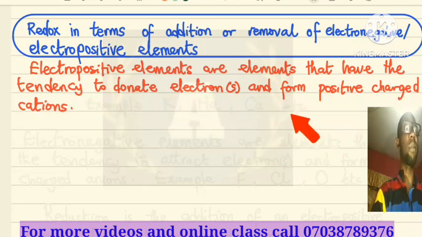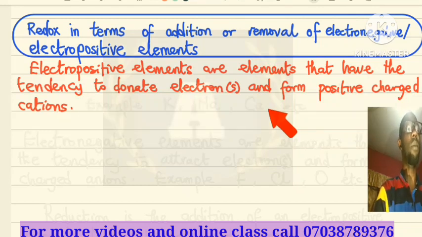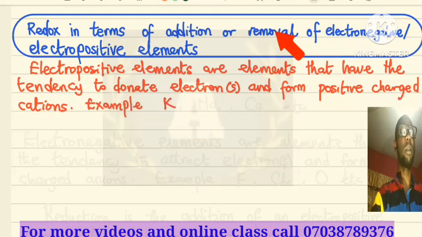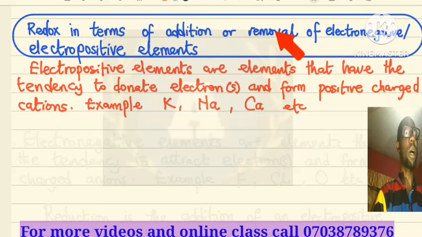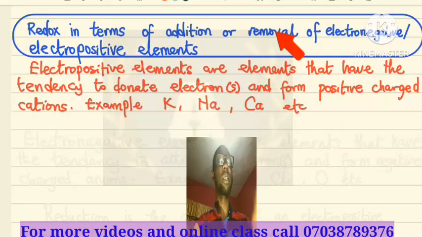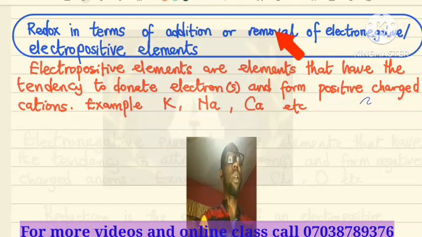So those elements that have the tendency to donate electrons and form positive charge cations, we say they are electropositive elements. Examples of such elements are potassium, sodium, calcium, and many more. So these elements can actually donate electrons.